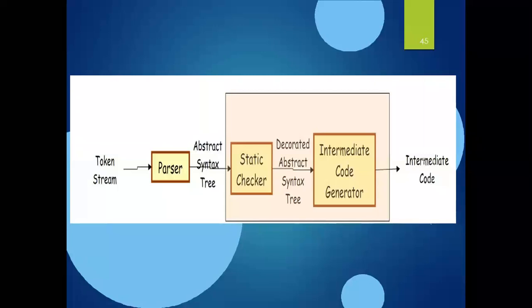This is given to the semantic analysis as an input. Now by using the static checkers in the semantic analysis, the implementation takes place, and finally it generates a decorated abstract syntax tree. Make a note of this. After performing the static checker, that is, in semantic analysis, the output should not be changed between the parser and the semantic analyzer, right?